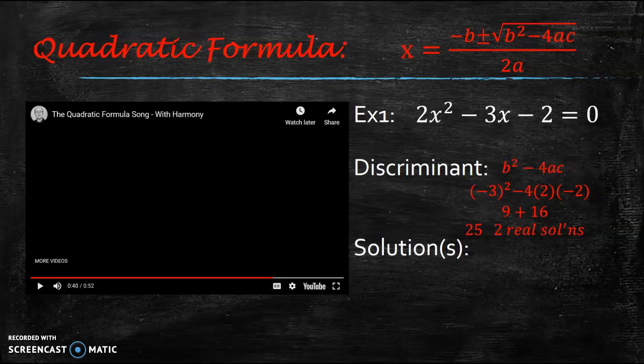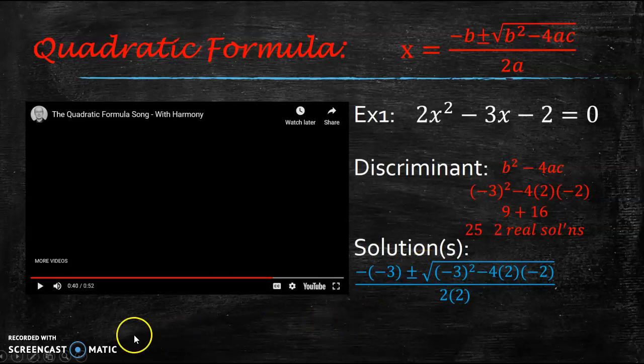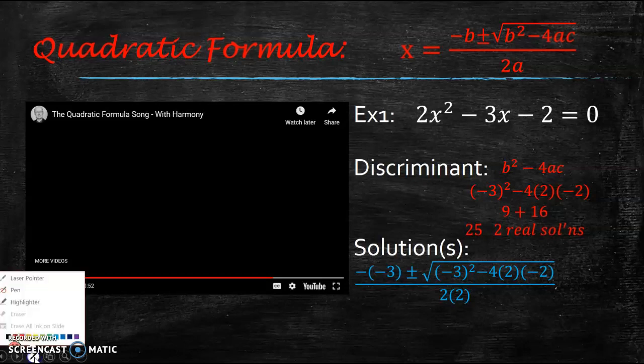So let's find out what our solutions are. To find our solutions, we will plug into the quadratic formula. So you'll have the opposite of b, which is the opposite of negative 3, plus or minus the square root of negative 3 squared minus 4 times a times c, all over 2a.